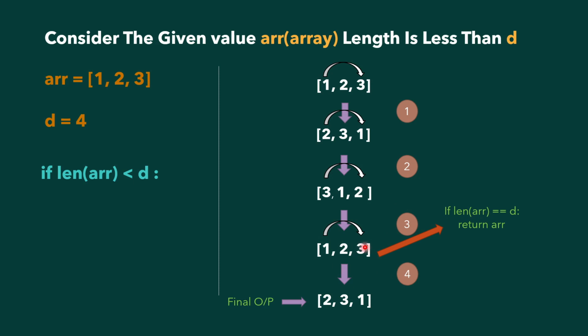Here you see that after the third rotation, the value is the same as before the rotation, which means the length of array is equal to d, so the values after the rotation and before the rotation are the same. So simply you return the array value.